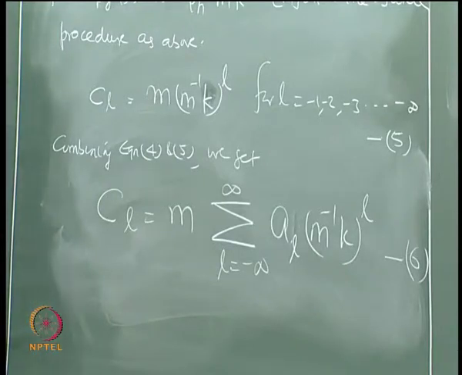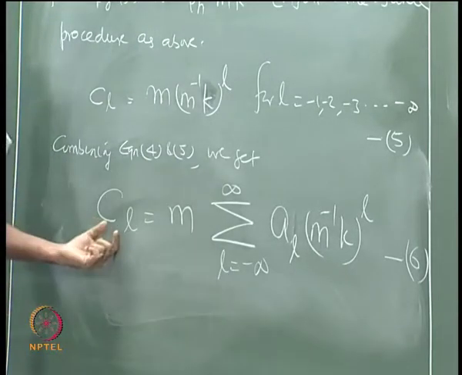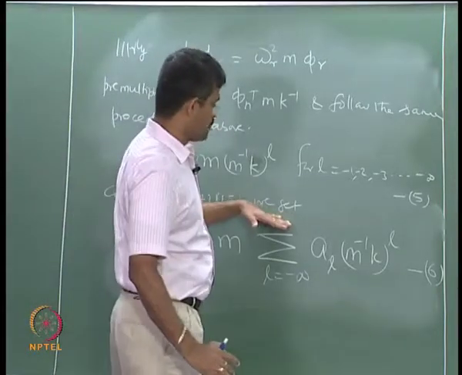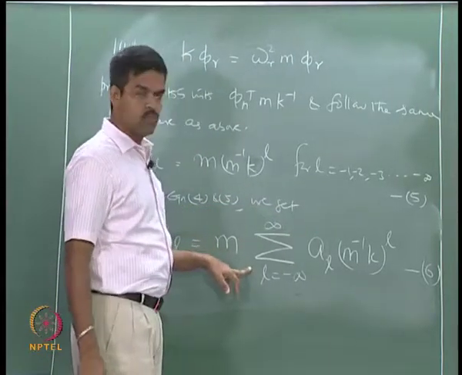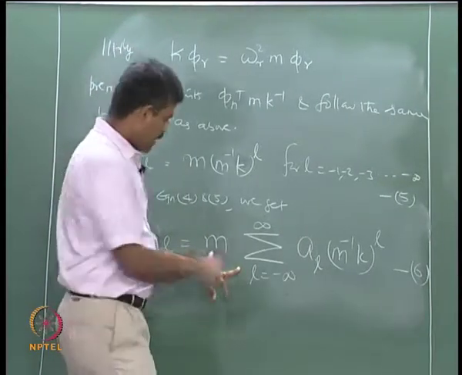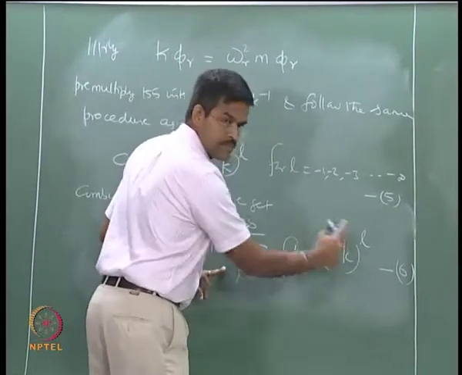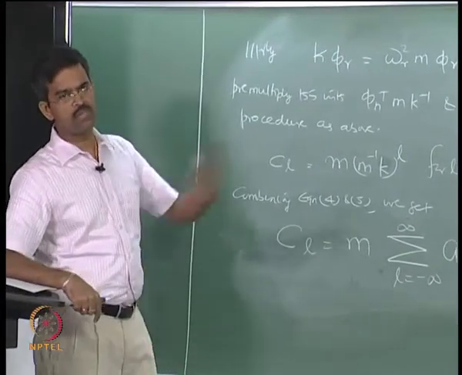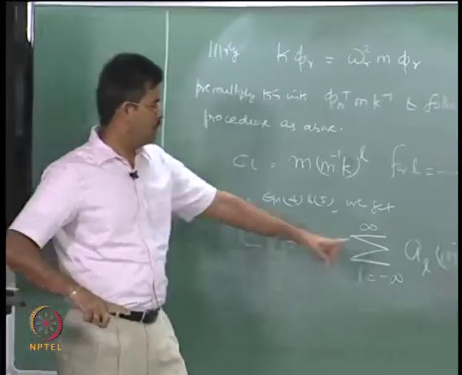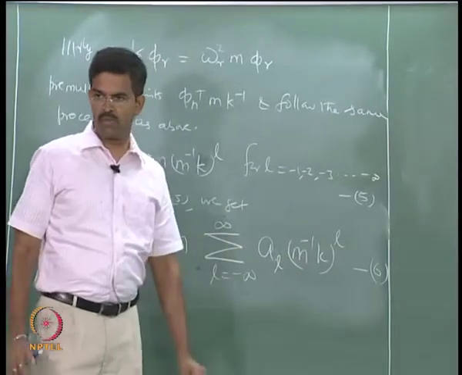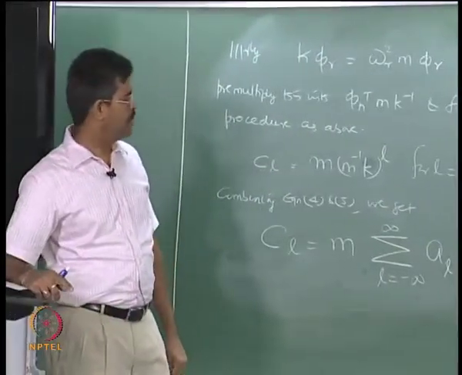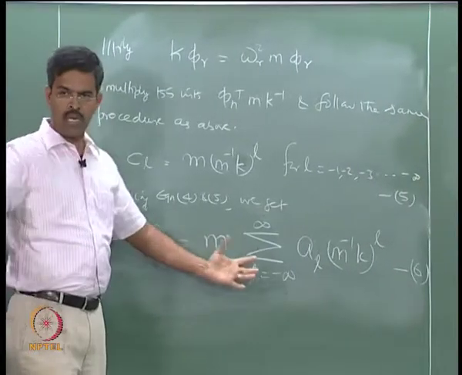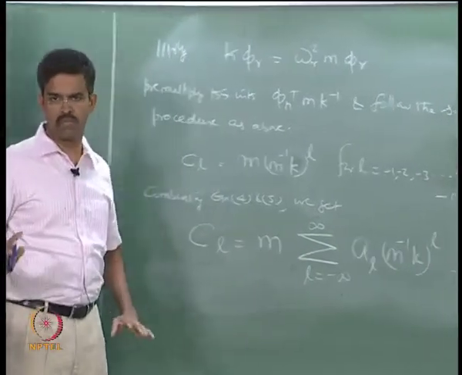If you look at equation 6, basically the CL value is varying for a range of minus infinity to plus infinity of L value, where L is nothing but omegas or omega squares, is it not? It is powers of omegas actually, because k by m is nothing but omega square. So, this hypothetically includes all omegas in a given model, is it not?